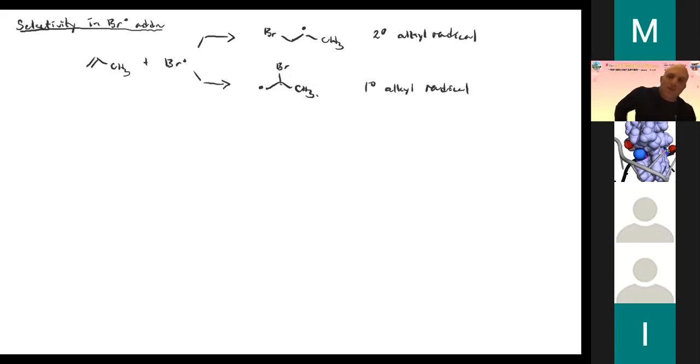And we said that the first pathway is preferred, and it's preferred for two reasons. One is that you have a kinetic effect.